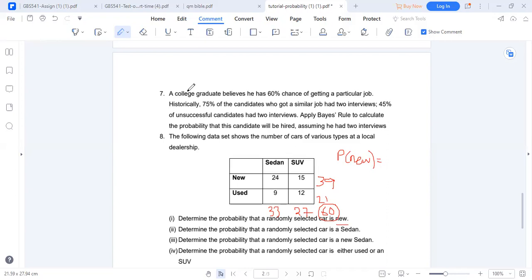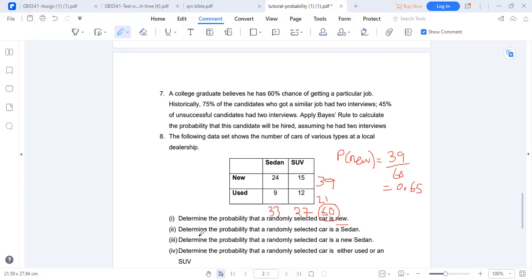I think that would be 39 over 60. What is our answer? That would be 0.65. Correct.